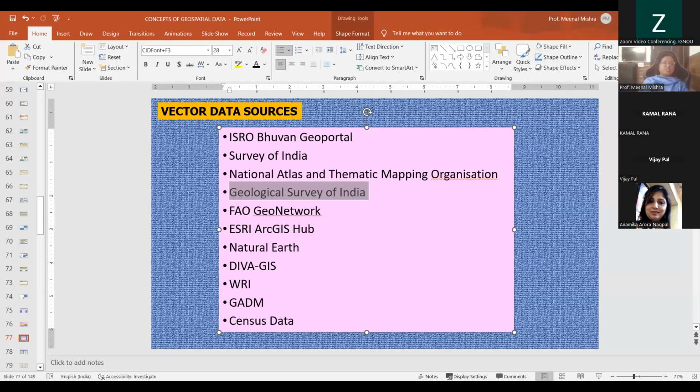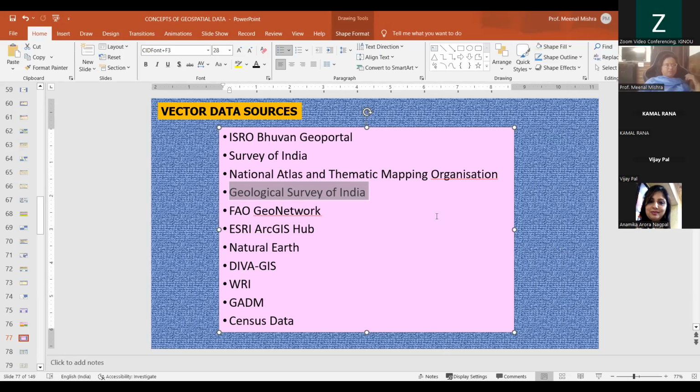GSI is the custodian of the geoscientific database for over 200 years. And all the products of GSI are in the form of different memoirs, records, journals, bulletins. If you access the Geological Survey of India, you can get all these memoirs at cost.